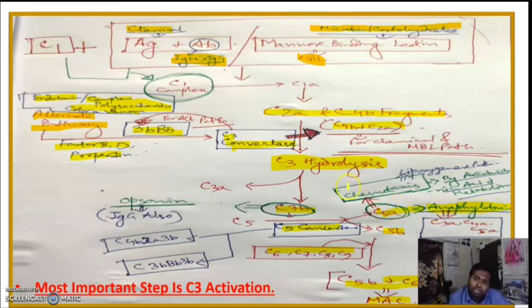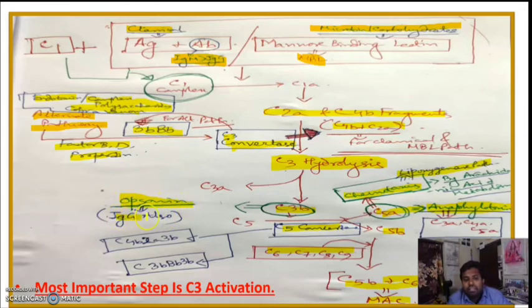And C5a also acts as a chemotactic agent. So what do they do? They activate arachidonic acid metabolism, initiate the lipoxygenase pathway, and form various mediators like leukotrienes, etc. And C3b acts as an opsonin. So what do opsonins do?